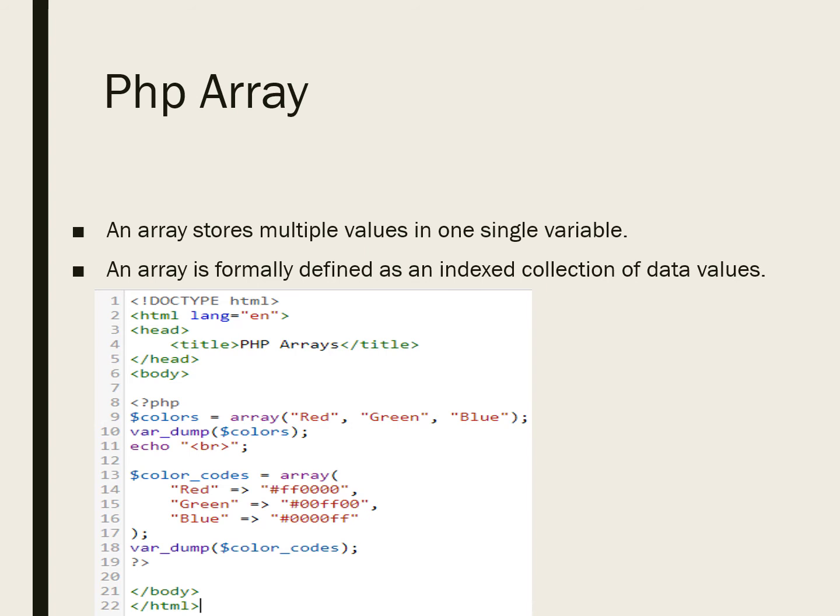Then color codes are stored, the RGB codes of the red, green, and blue colors. The red color code is listed, the green color code is listed, and so on, the blue color code is listed. This is an example of an array in which the colors along with the color codes are stored in indexed form, and each item has a specific key value, a unique reference.